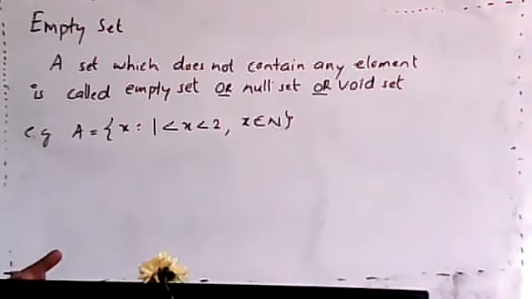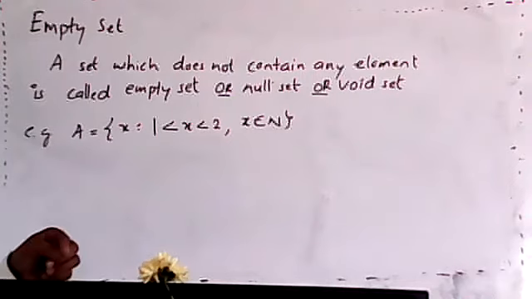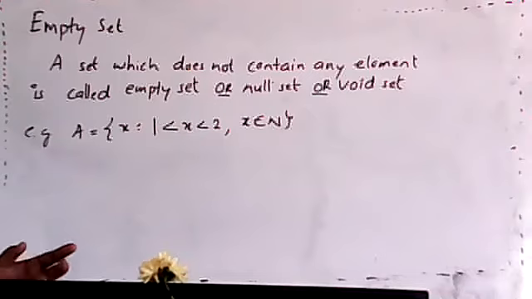But between 1 and 2, there is not any number. Between 2 and 4, there is a number, that is 3. But here they're asking for a natural number between 1 and 2. So it is not at all possible to get. So no elements will be natural numbers between 1 and 2.